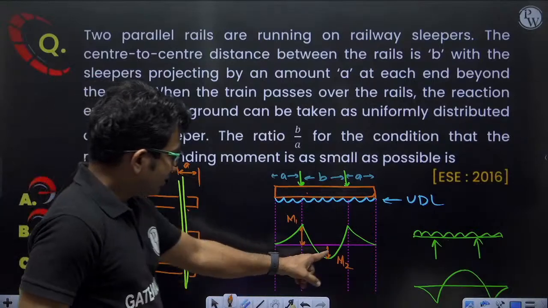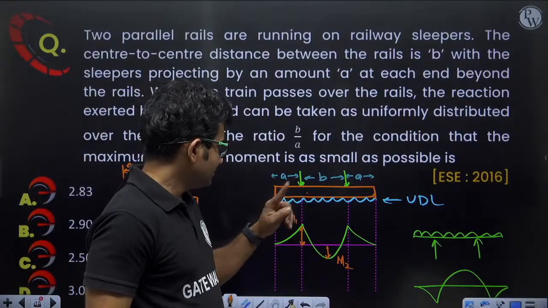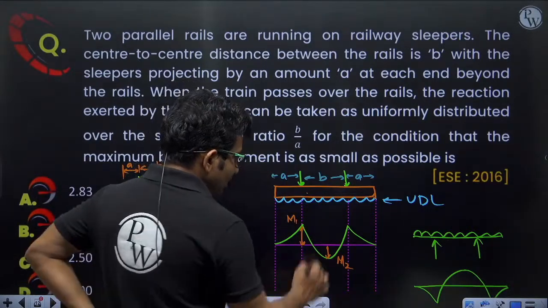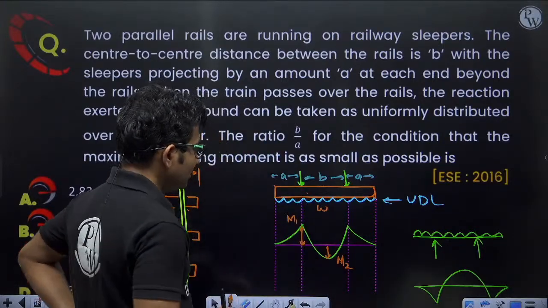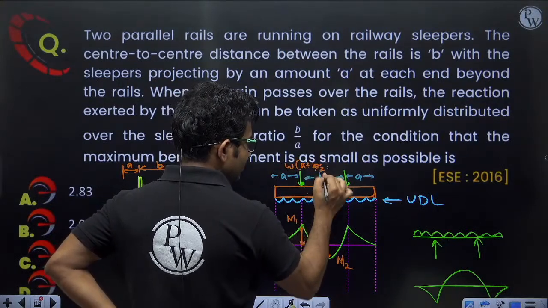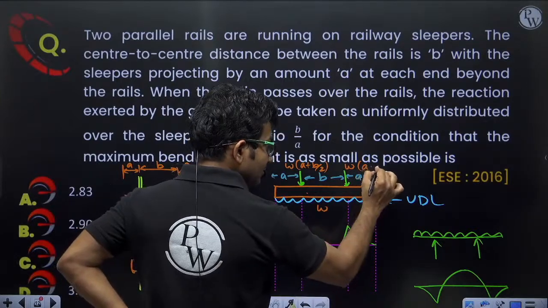Now for this bending moment, we have to calculate the reaction here. Let us say the UDL is W, so this load will be W into A plus B by 2, and here also W into A plus B by 2.